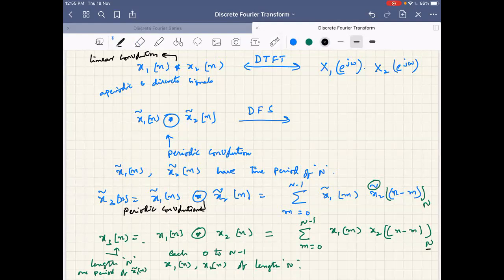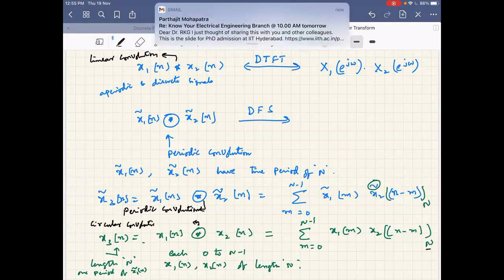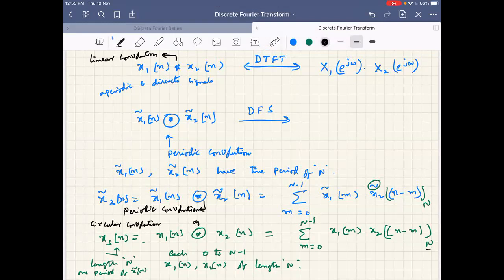Similarly, what do we call this? This is circular convolution. The reason being, here there is no periodicity involved as such.